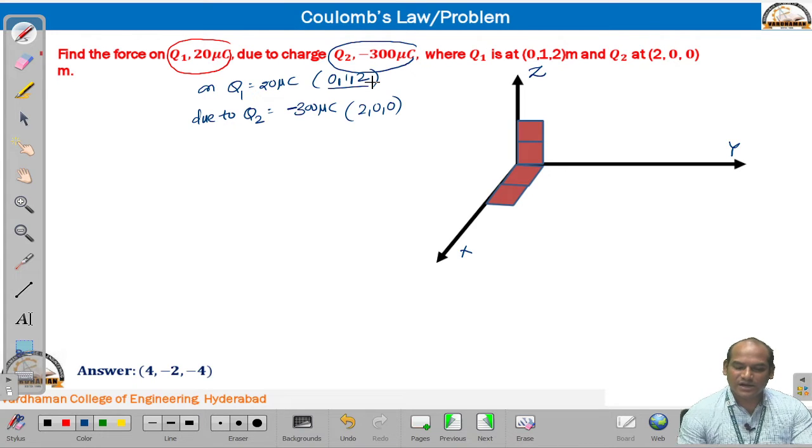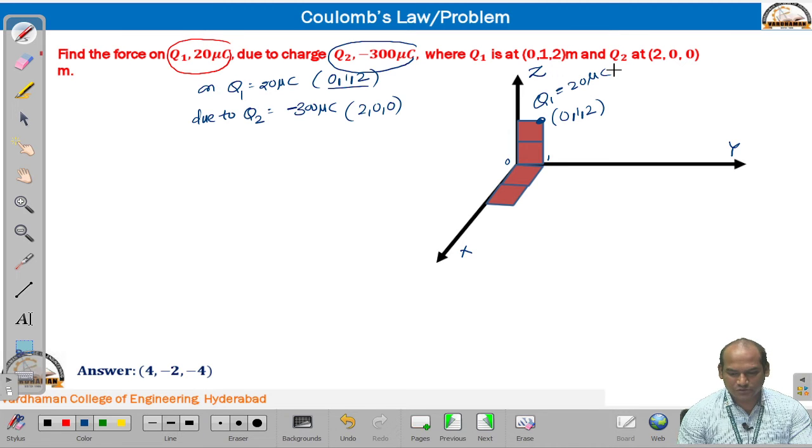That is, Q1 is on the YZ plane at y equal to 1, z equal to 2. So here charge Q1, equal to 20 microcoulomb, is located.